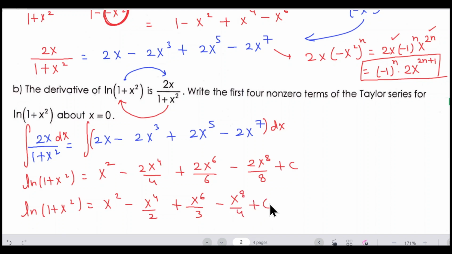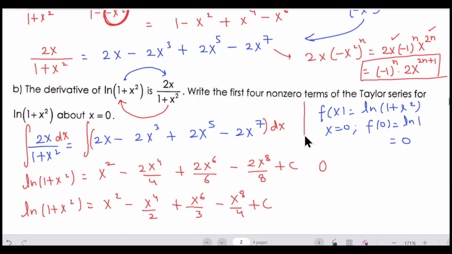Now to find c, we can say that for the function f of x equal to ln of 1 plus x squared, if we put x as 0, f of 0 will be ln 1, and ln 1 is also 0, right? So we can use x equal to 0 and basically (0, 0) as a point. So replacing the left side with 0 and the right side with 0, we get 0 plus c, so c is just 0.